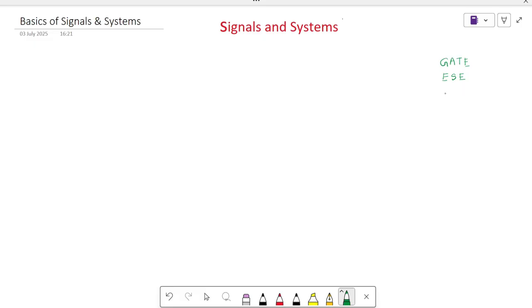And also every state public service commission, in their engineering service examinations, has included Signal Science System. And the power sector exam also includes Signal Science System. So Signal Science System is an important subject for all these four competitive examinations.